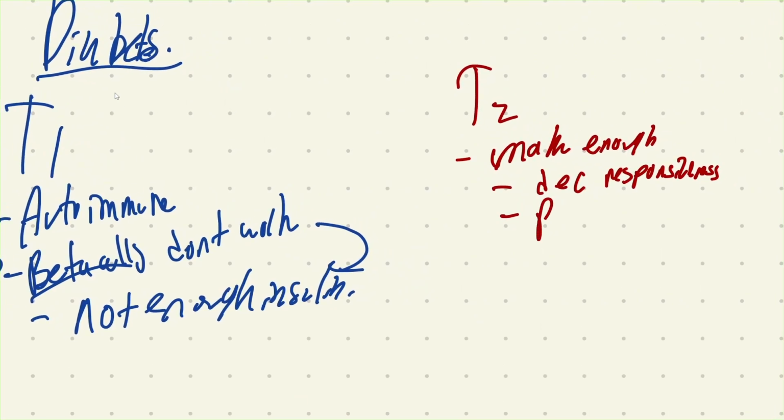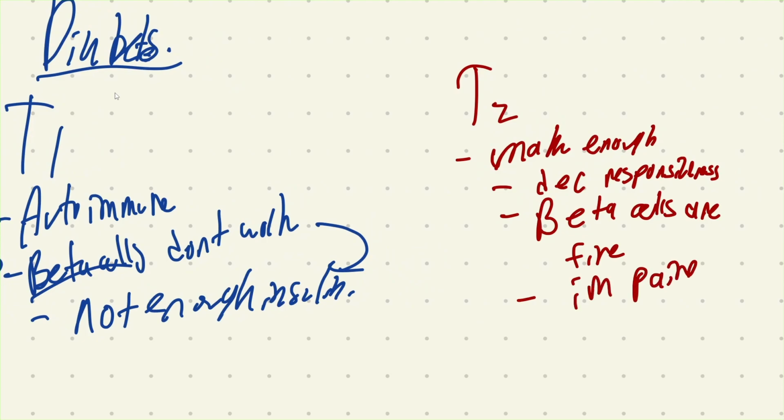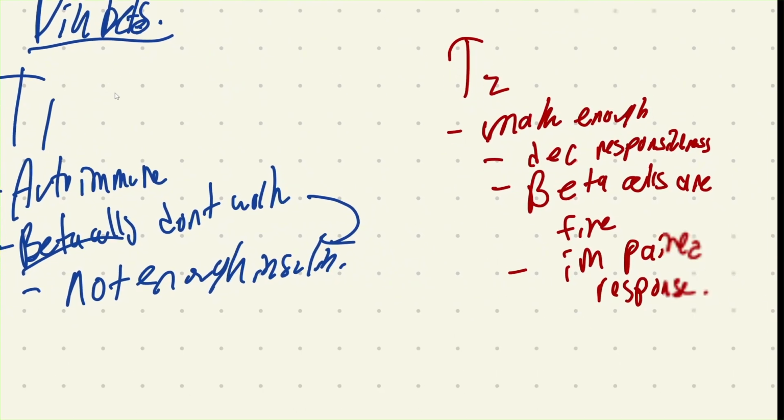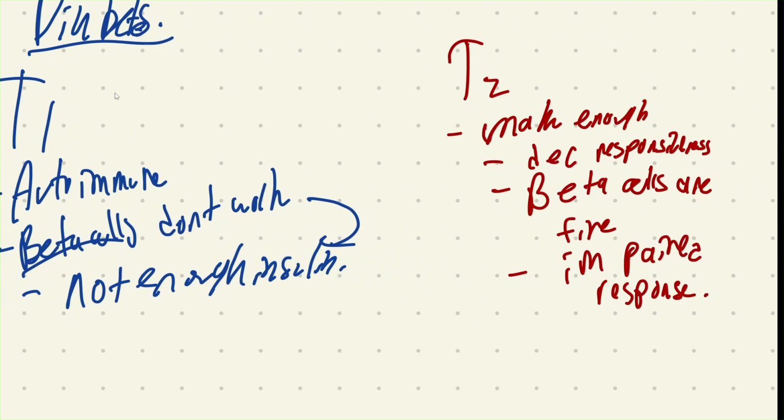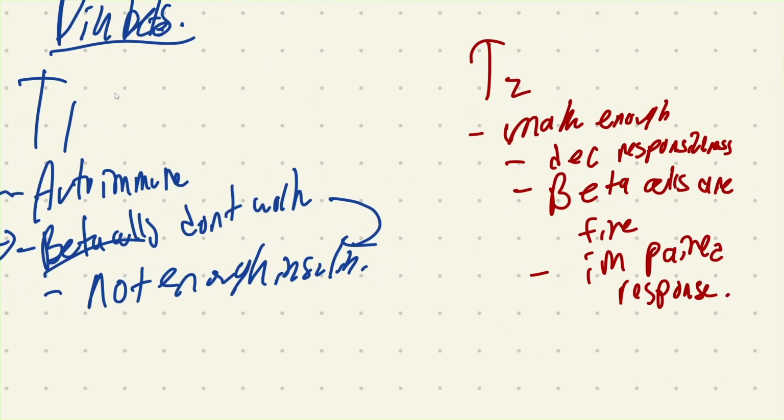In this case, the beta cells are fine, but sensitivity to insulin is decreased, or the response to glucose is impaired. This is really the more common case. The other one is pretty much genetic, and treatments would just depend on the person.